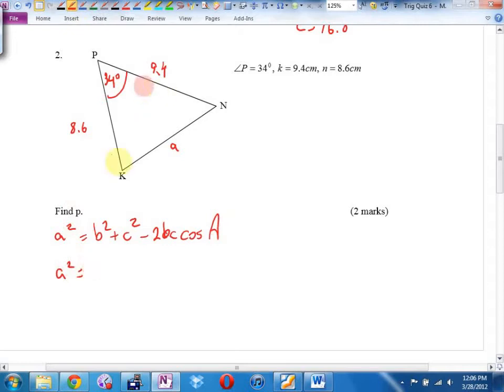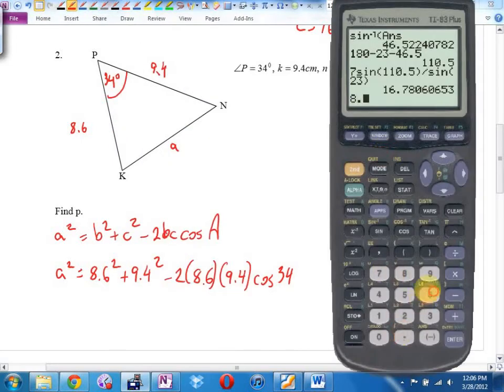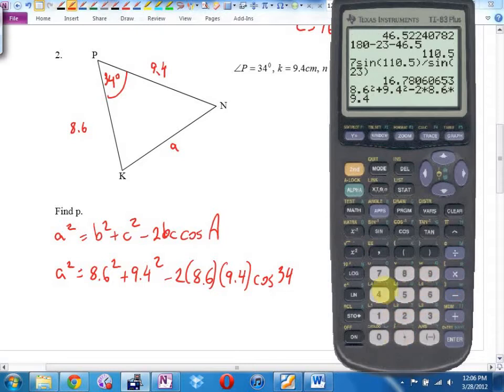Oh, it doesn't matter which one of these is B and C. 8.6 squared plus 9.4 squared minus 2 times 8.6 times 9.4 cosine of 34.